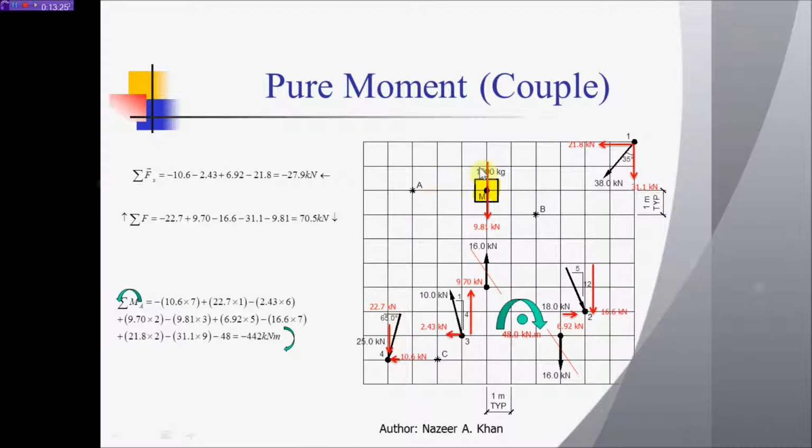It's fairly easy to check this one, 1, 2, 3 to the line of action, and that will be taking this point in a clockwise direction, which is negative. So 9.81 times 3, minus direction.